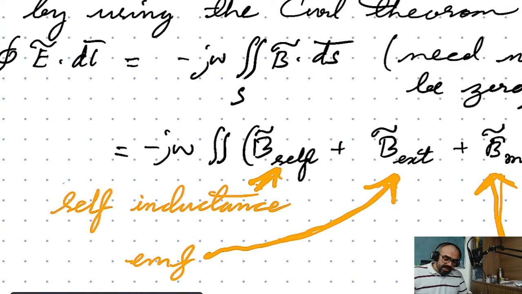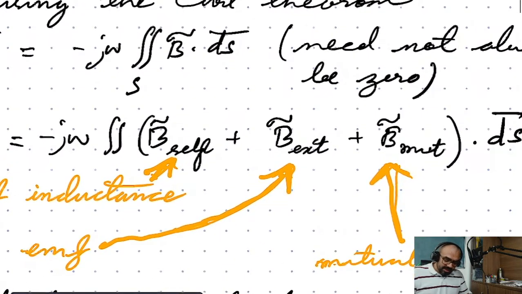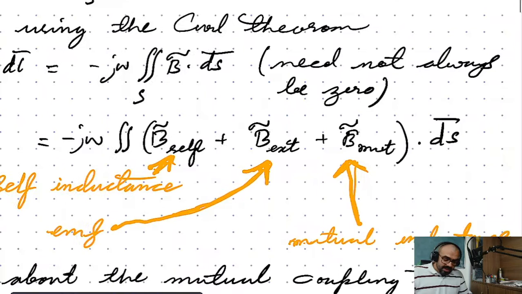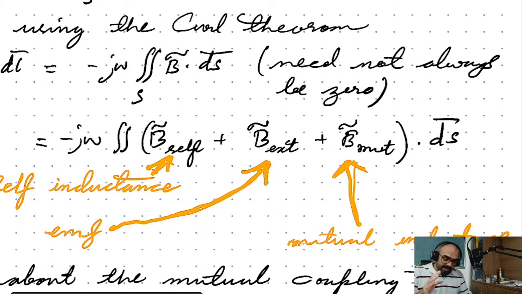Let us break this integral in this way. I have broken the magnetic flux, which is in general a function of x, y, and z, into three components. One, I've broken it down to be self.